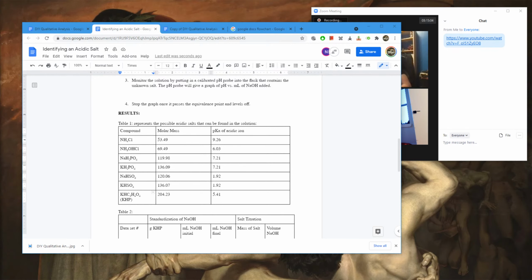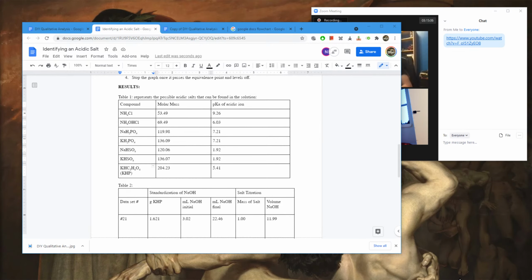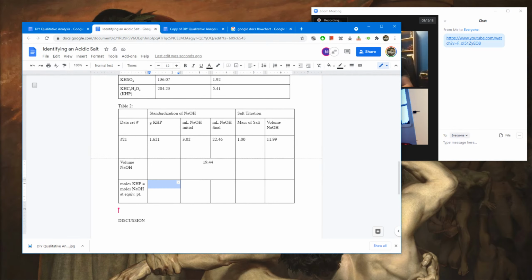So now we do 1.621 divided by 204.23, and we get the moles, so that's equal to 0.00794, only 3 digits.